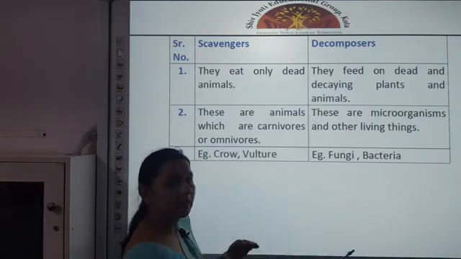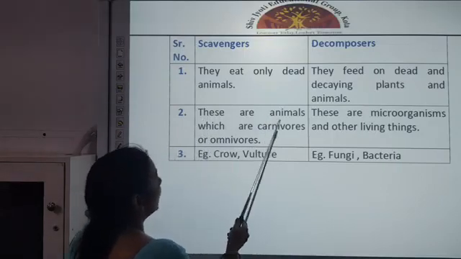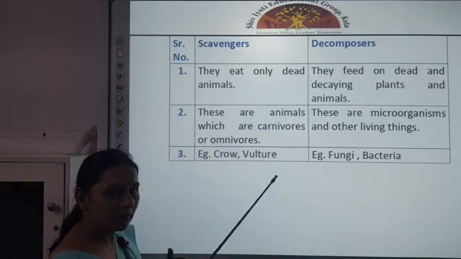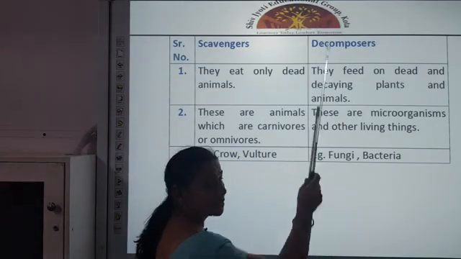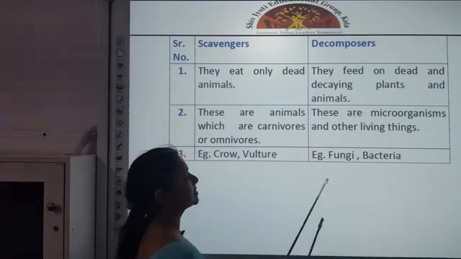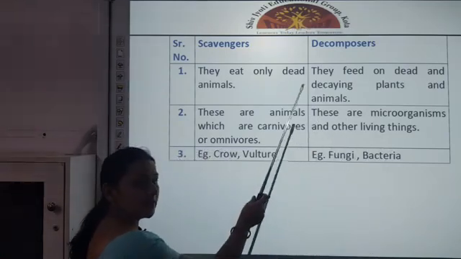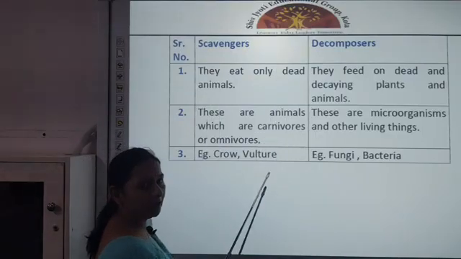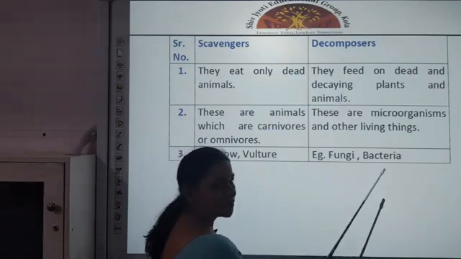Scavengers may be carnivores or omnivores, whereas decomposers are some microorganisms and other living things. The examples of scavengers are crow and vulture, whereas the examples of decomposers are fungi and bacteria.